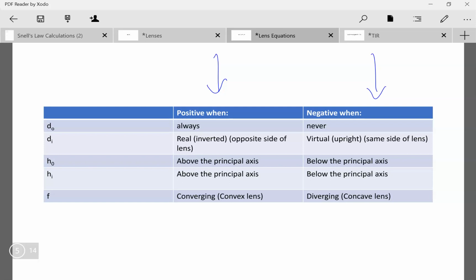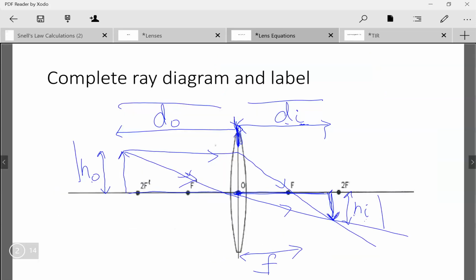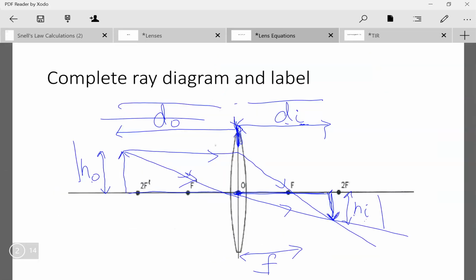Sign conventions are basically, because they're on opposite sides of the lens, because DO is on this side and DI is on this side, one of them I have to assign, okay, DO will be positive when this is true, or DI will be positive when this is true, so that I can know when DI is being formed on this side and when DI is being formed on this side, right?